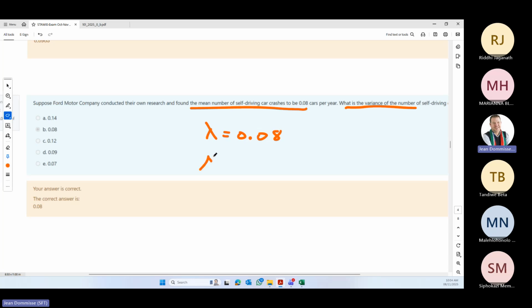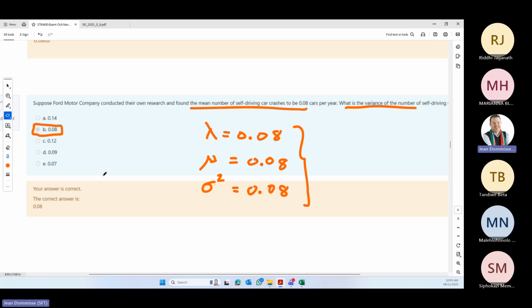That means the mean is 0.08, and that also means that the variance is 0.08. So remember, for Poisson, those three things are always the same. And so the correct answer would have been 0.08.